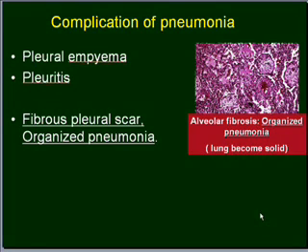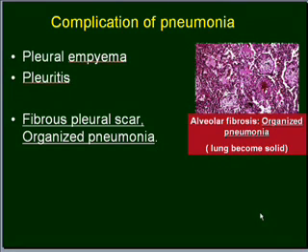This exudate will now be present in the pleural space, and when the exudate is present in the pleural space, we call it a pleural empyema. It is definitely a very dangerous condition. And if we get a pleural empyema, the exudate is a kind of mass. So we get an exudate in the pleural space.